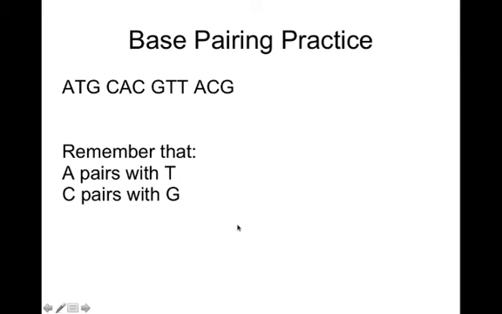So how about doing a little practice? What I want you to do now is write down this strand right here. Notice how they're grouped into threes. We'll talk about why a little bit later. And I want you to write the complementary strand. So the strand that's going to go here is called the complementary strand.